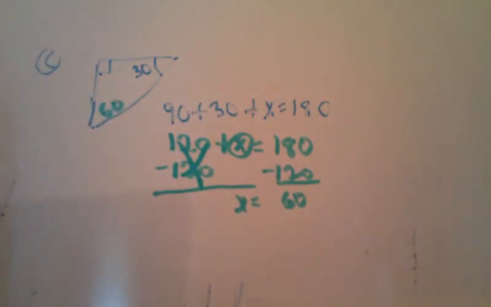So I just look at the choices until I see which triangle has a right angle and a 60. And I know you can't see the choices. But if you look at the choices, your answer is going to be H. Okay, that was number 5, by the way.